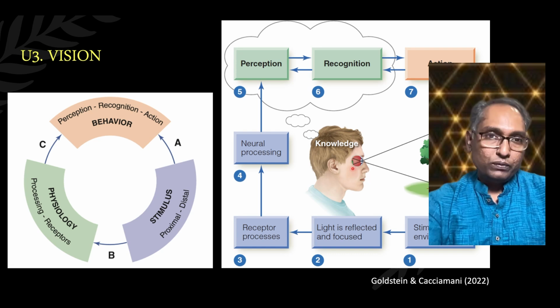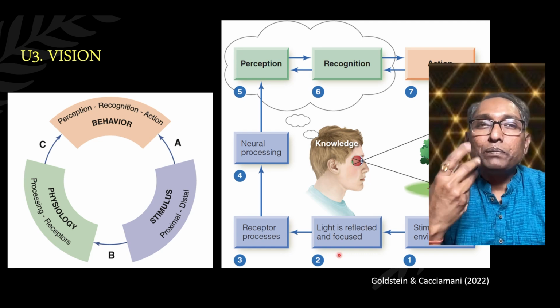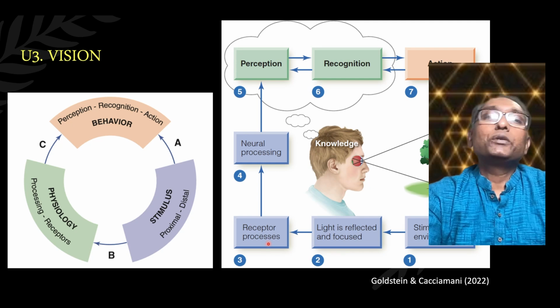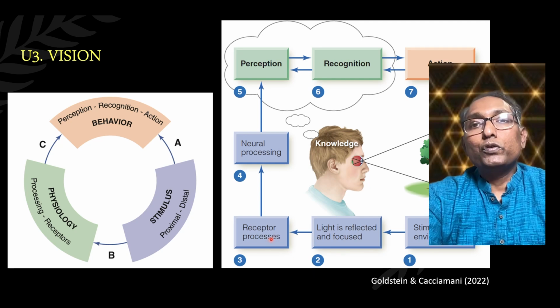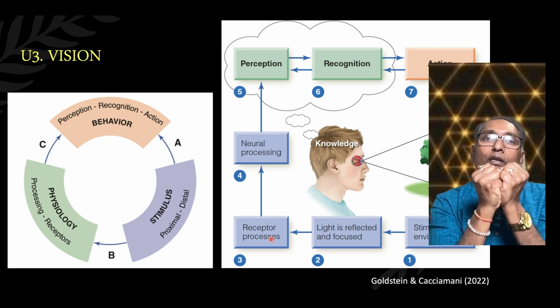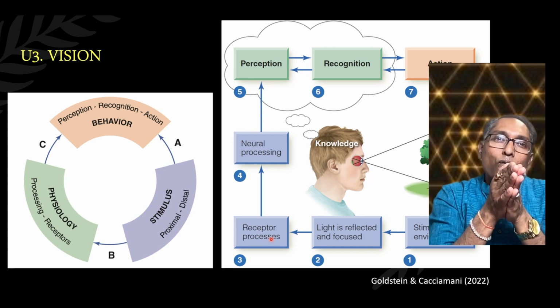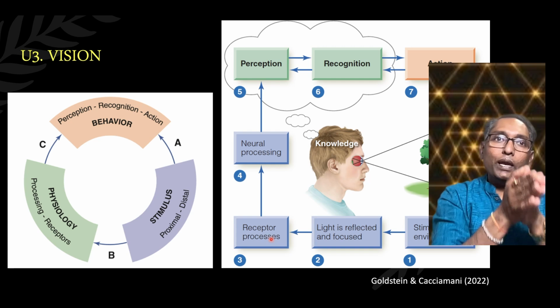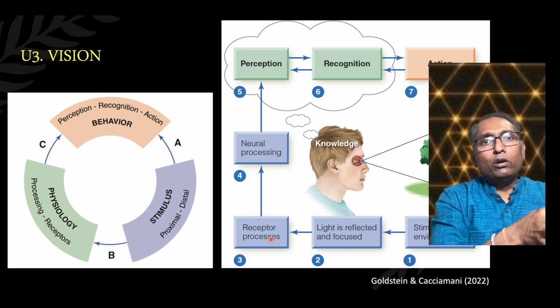Then this information is formed because of the receptor changes, right? Those receptor processes in the photoreceptors are what we will talk about later. Once the information is captured in the photoreceptors, it goes from one layer of the retina to another layer that we've discussed in the structure of the eye, and eventually it goes to the brain.